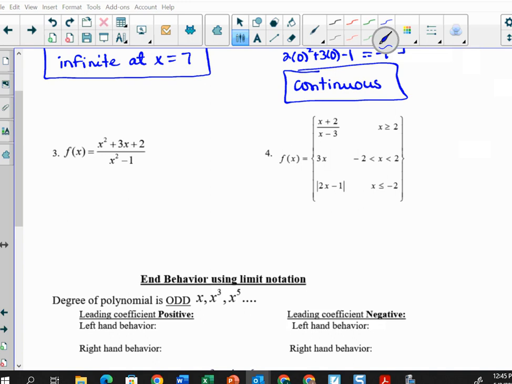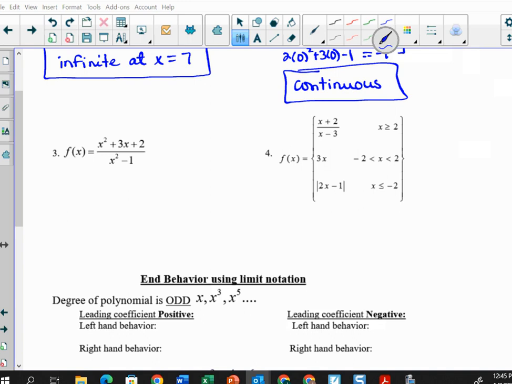Yep, so you have 2 discontinuities. Can there be more than 2? In this one there are only 2, but potentially there could be more.